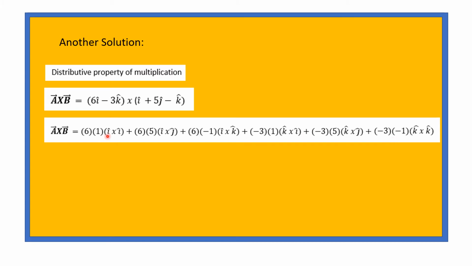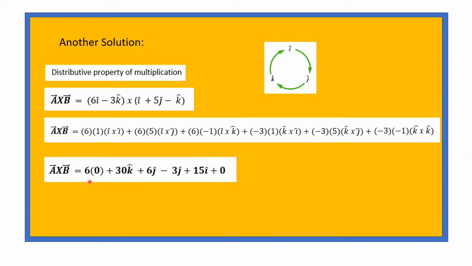Here, this is i hat, and this is i hat also, so each has a magnitude equal to 1, because these are unit vectors. So we have 1 times 1 times sine of the angle between i hat and i hat, which is 0 because they have the same direction. Sine of 0 is 0. That's why this is going to be 0.